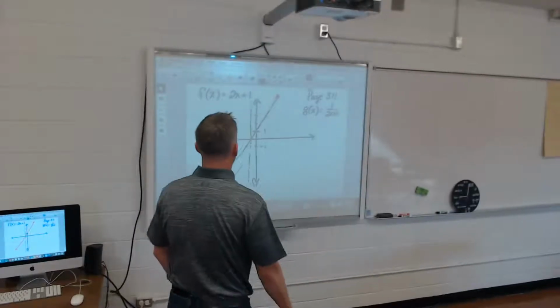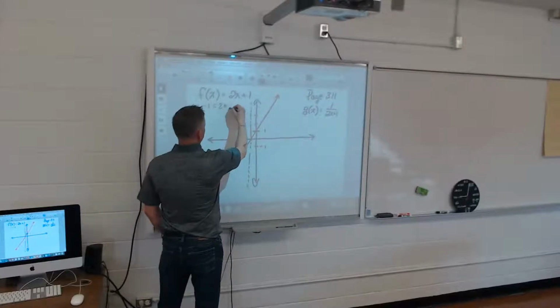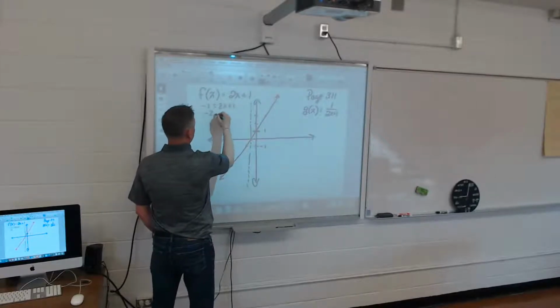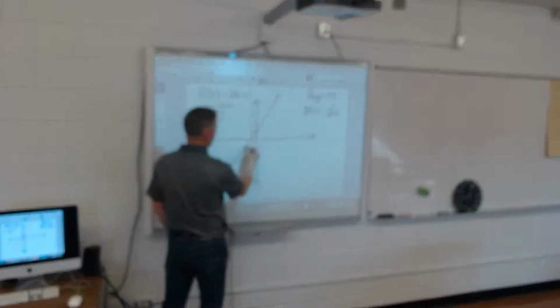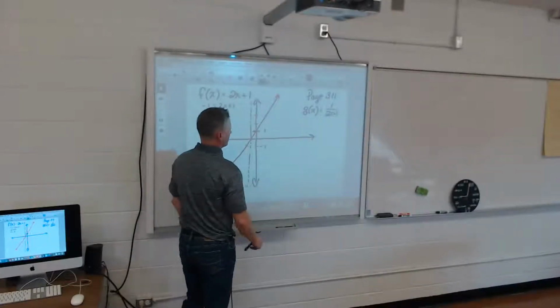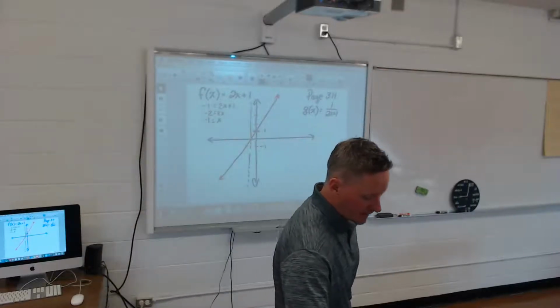I think it's negative 1 and negative 1. I'm just going to do this in my head here. 2x plus 1, subtract 2x. Yeah. Okay, so the invariant points right here and right here. So those are 0 and 1 and negative 1 and 1. Negative 1 and negative 1, sorry.